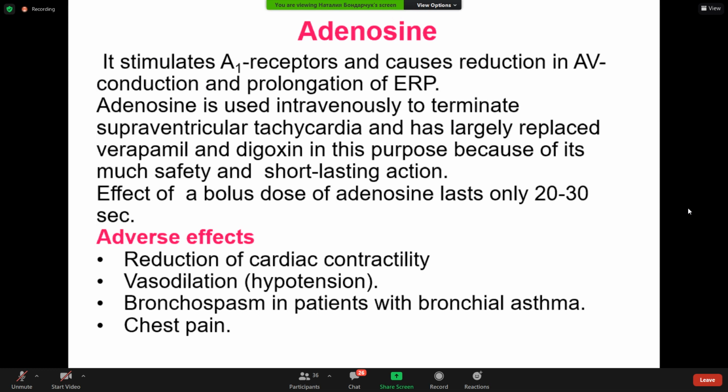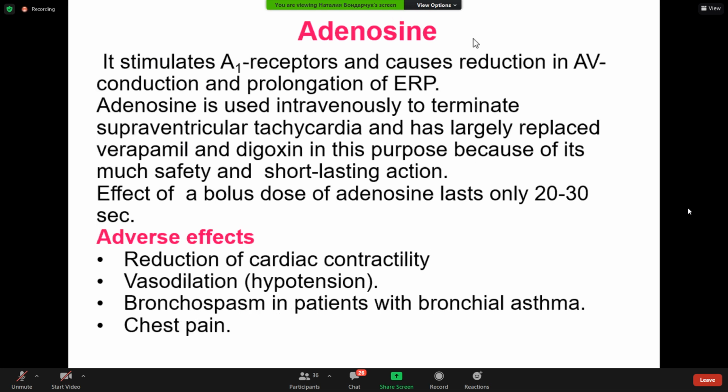adenosine. Mechanism of antiarrhythmic action. It stimulates A1 receptors. I will remind you that A1 was discussed in the bronchial asthma. A1 receptors are localized in the smooth muscle cells of bronchi, and the activation of these receptors provides bronchoconstriction. So when we use adenosine, as a side effect, adenosine causes bronchospasm.